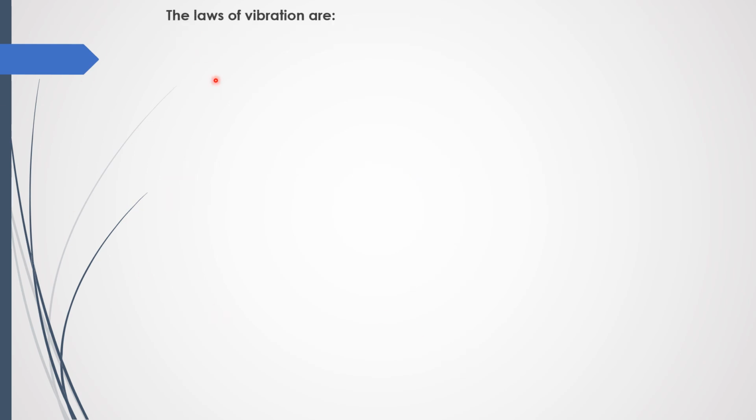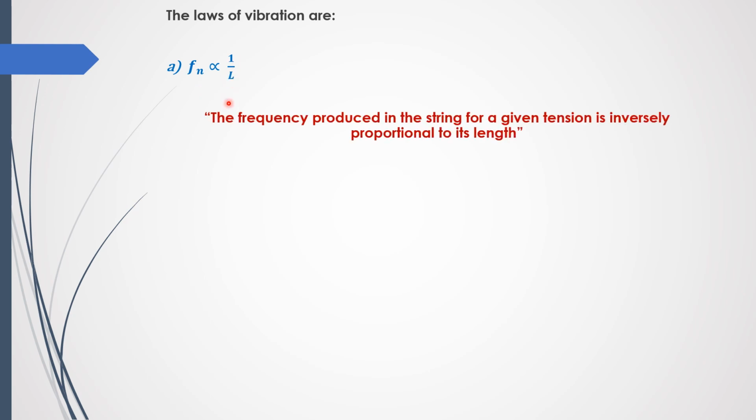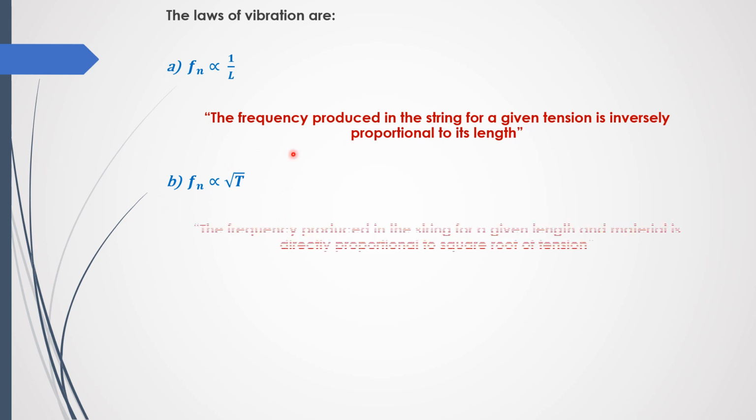We have three laws of vibrations which we can verify using the sonometer. The first one is fn proportional to 1 upon L, and it states that the frequency produced in a string for a given tension is inversely proportional to its length. The second one is fn proportional to the square root of T, and it states that the frequency produced in a string for a given length and material is directly proportional to the square root of tension.